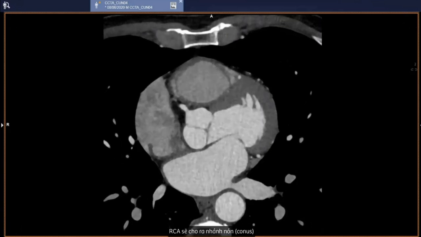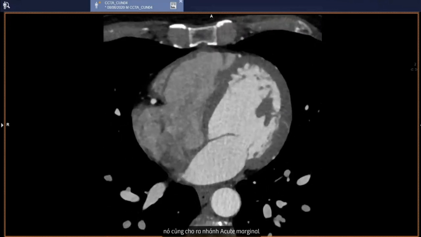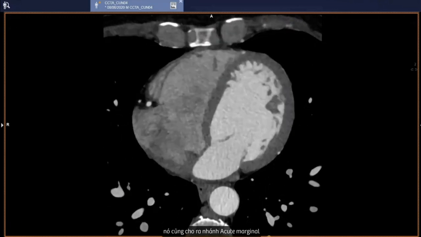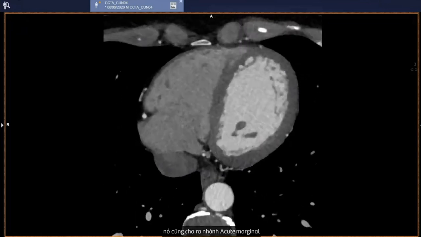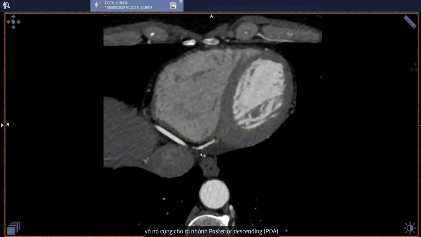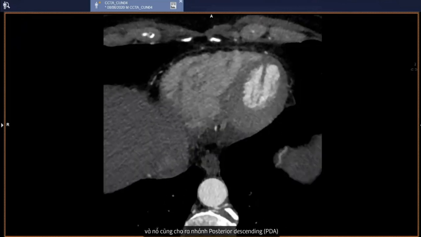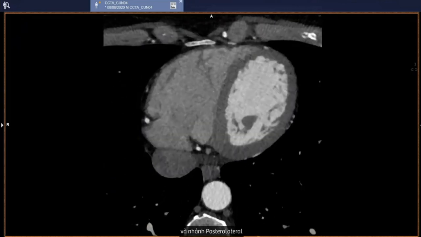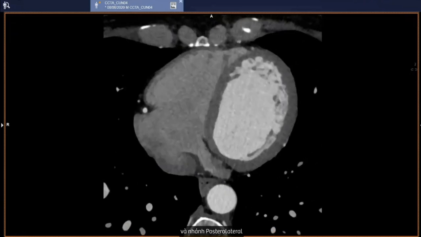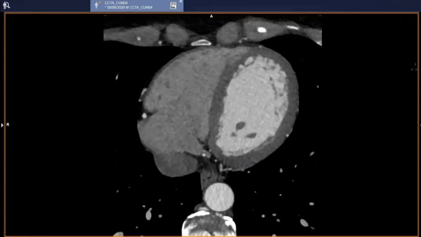The RCA will give off this conus branch, will give these acute marginal branches, and in the inferior wall it will generally give this, which is the posterior descending artery, and the posterior lateral branch.